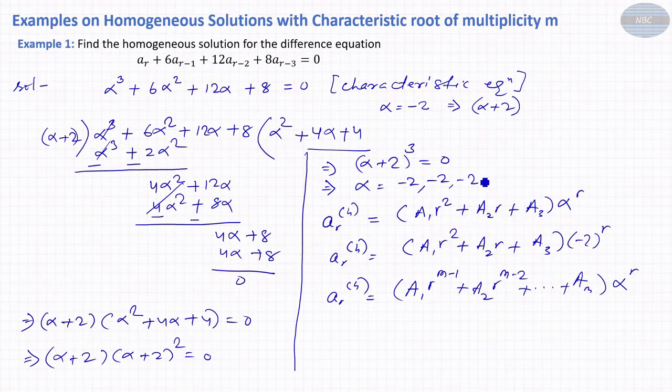Since alpha is a characteristic root of multiplicity m, we put m is equal to 3 here. So this becomes A1 into r to the power 3 minus 1, that is r square. Then the next term, A2 r to the power 3 minus 2, that is A2 r. And the last term is A3. So from this we got the final answer.